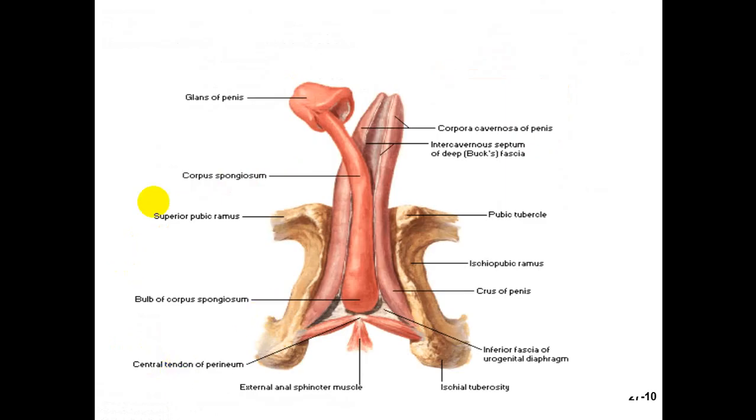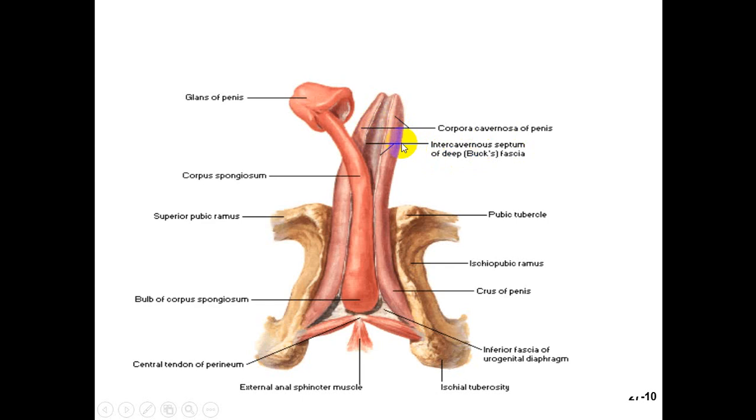So let's look at the diagram. The glans of the penis is here, covered by the prepuce. We also have the corpora cavernosa, that's a pair of muscles. Then we also have the intercavernous septum.